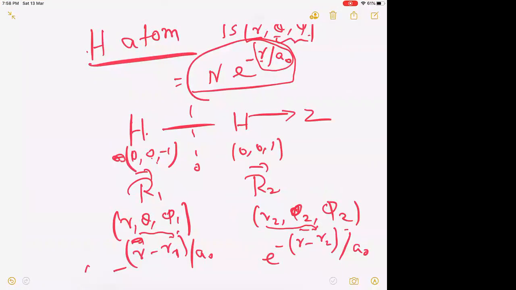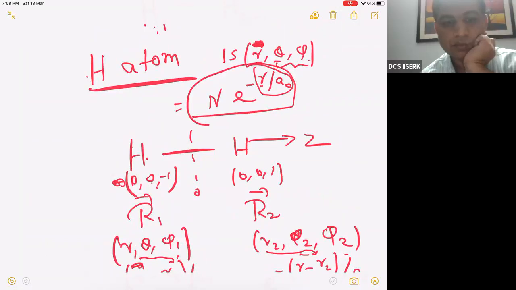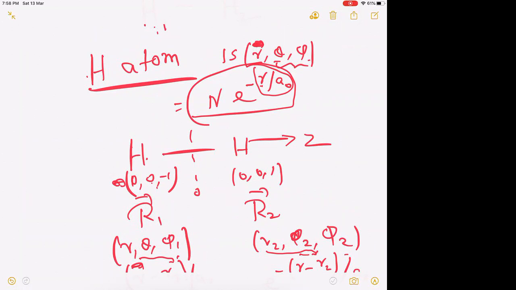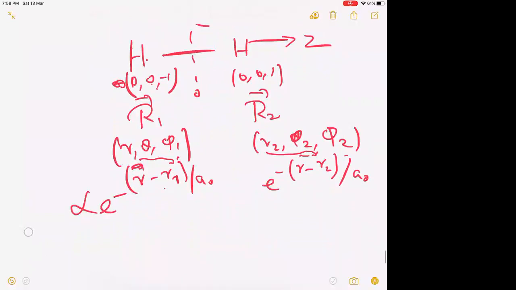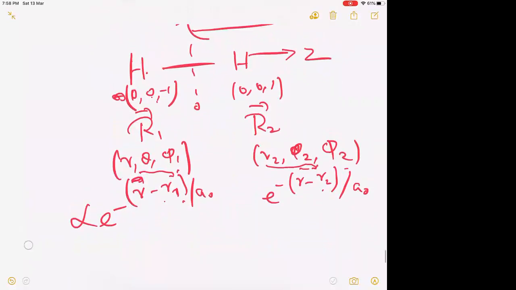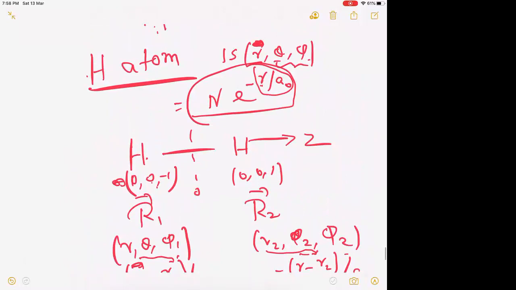So for the hydrogen atom, we don't write this, because the origin is at 0, 0, 0. But for a molecule, the two hydrogen atoms are at different positions, so I have to subtract R1 and R2 from here. The coordinates of the atoms have to be subtracted from the r values. So when I say atomic orbitals, this is the form of a 1s atomic orbital.